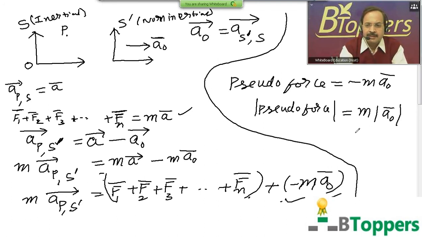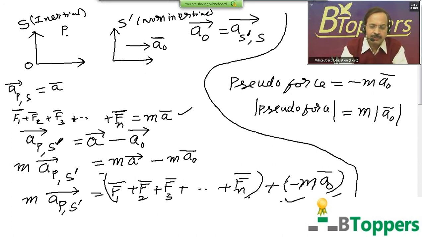That means when you draw the free body diagram for a body in a non-inertial frame, we do that in order to find the acceleration of the body with respect to the non-inertial frame, that means to find a bar subscript P comma S dash. In some of the examples, you may be asked to find the acceleration of the body with respect to non-inertial frame. So in that case, we first draw all the real external forces which act on the body with respect to inertial frame.